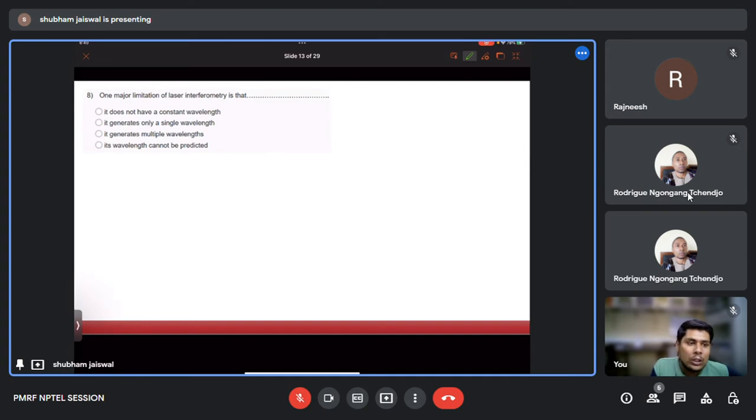So, okay, let's see. As we are talking about laser interferometry, in laser we use monochromatic light, and it has a single wavelength. So this option cannot be true.